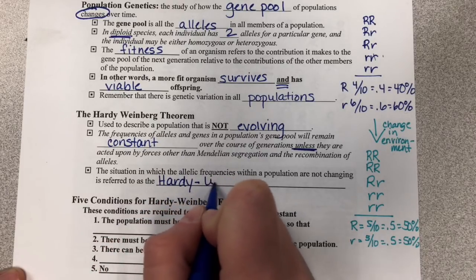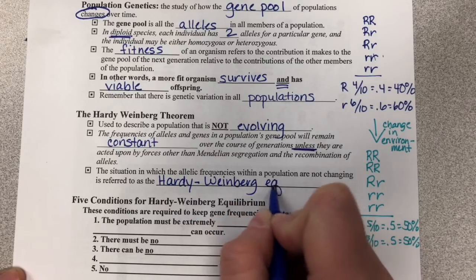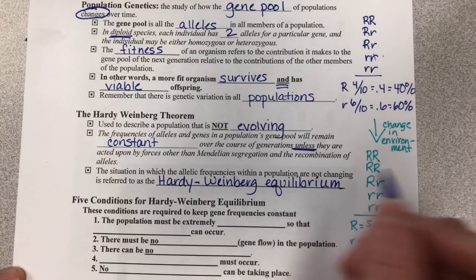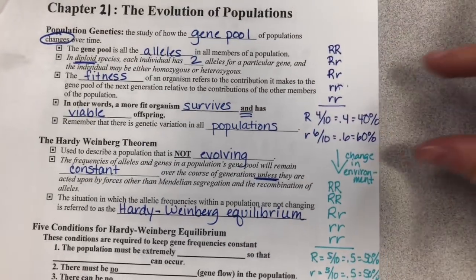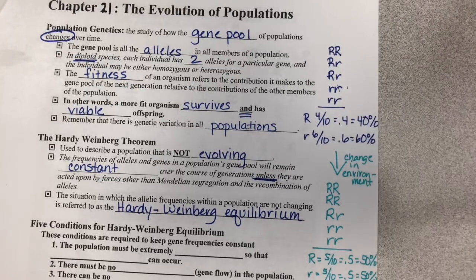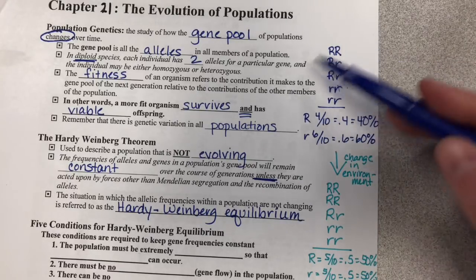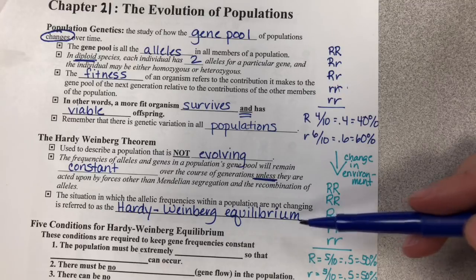The situation in which the allelic frequencies within a population are not changing is referred to as the Hardy-Weinberg equilibrium. So if this population stayed this way, generation after generation, 40% big R's and 60% little r's, that population is not evolving, and we would say that it is in Hardy-Weinberg equilibrium.